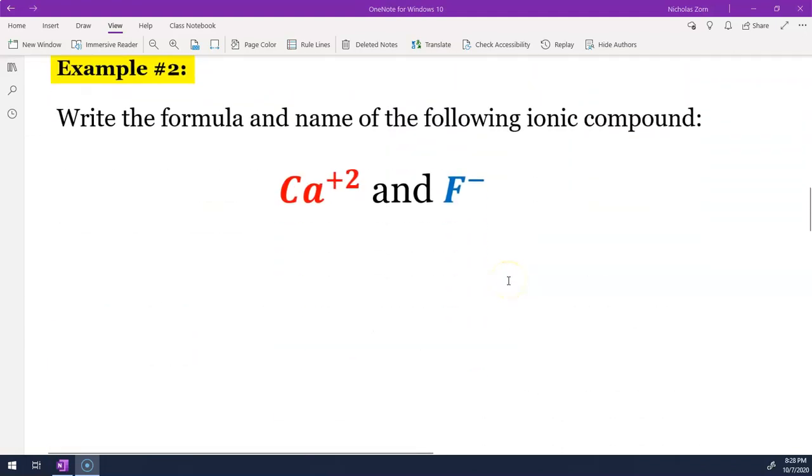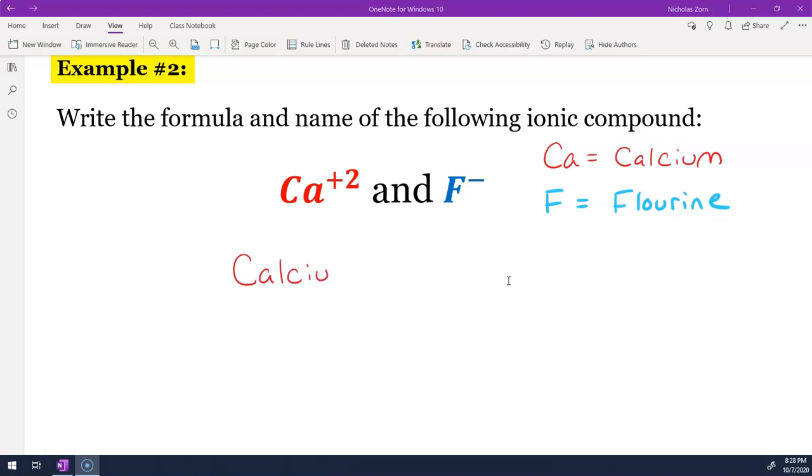Here's our next example. Write the formula and the name for the following ionic compound. Ca is calcium, and F is fluorine. When I write this out, the cation is always the same, calcium, and instead of fluorine, it will be fluoride.